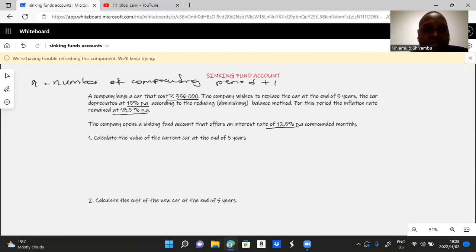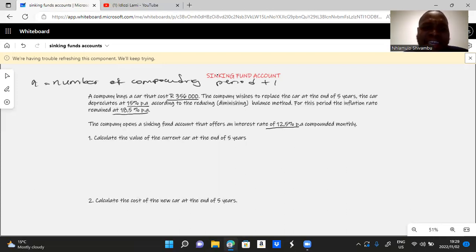If an immediate payment is made. So an immediate payment in a sinking fund account is when a payment is made immediately after purchasing the vehicle. But if a payment is made 1 month after purchasing the vehicle, the number of payments, which is N, is not affected at all.